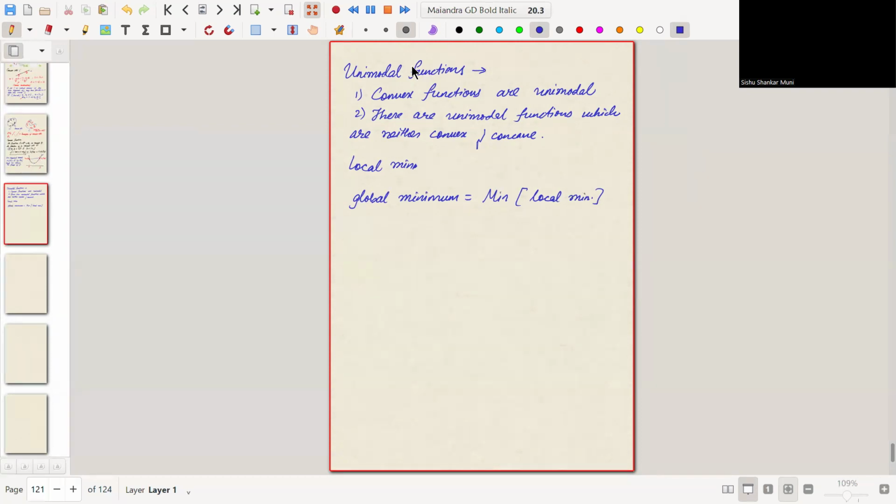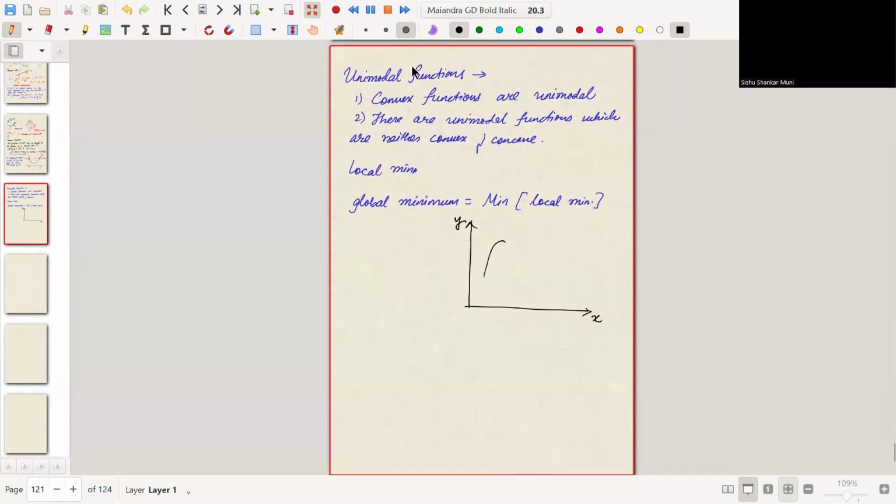Just for an example, you have these two axes, x and y, and say I'm drawing a function over here. Can you see which are the local minimums here? As you can see, these are your local minimums.